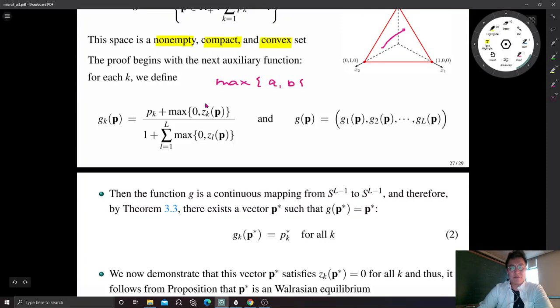I think you have seen this maximum operator. The maximum of a and b is a if a is larger than b, and b if b is larger than a. So it gives us the higher value between these two elements. If z sub k is positive, this maximum operator gives us the excess demand function. If z sub k is negative, it boils down to 0.